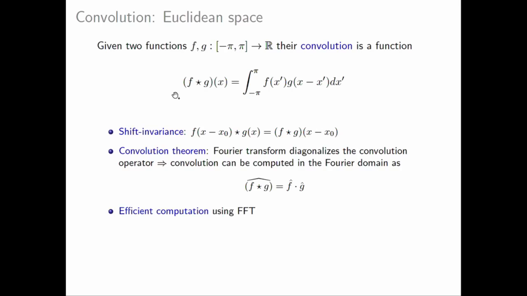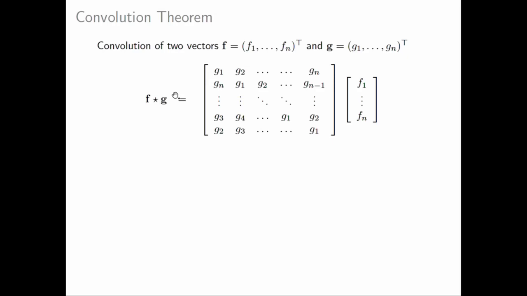And in many situations, this is in fact the way convolutions are computed, because we can leverage the fact that we can compute Fourier transforms very efficiently in a Euclidean domain. So in the discrete case, what does this look like? As I said, the convolution is a linear operation, so you can look at it as a matrix-vector multiplication.